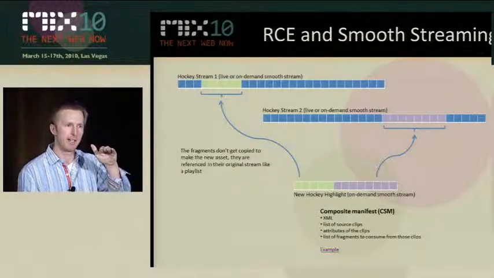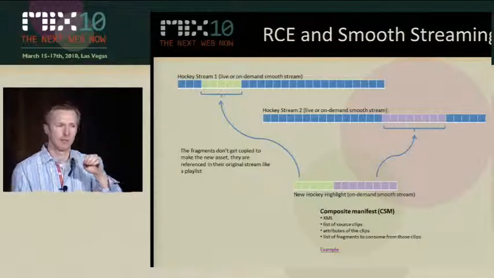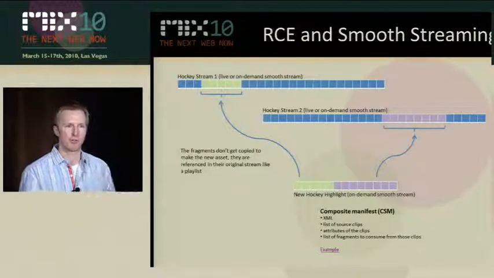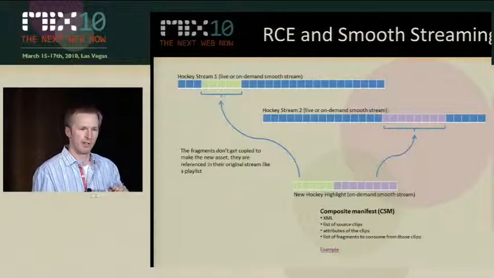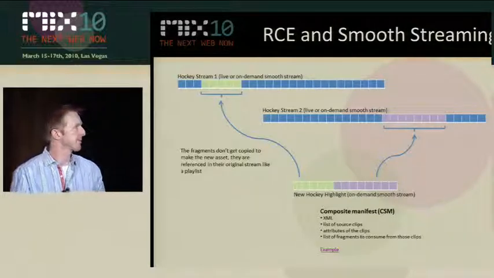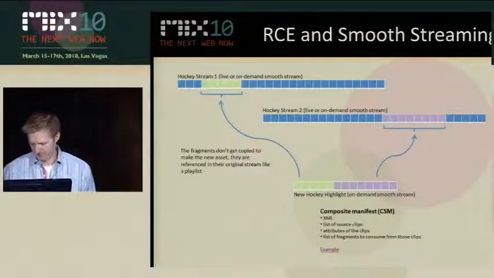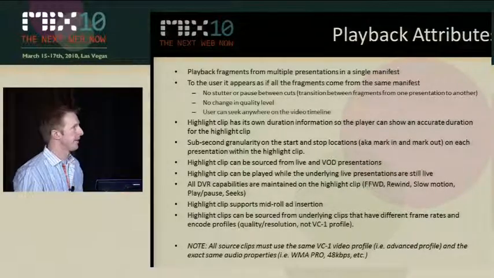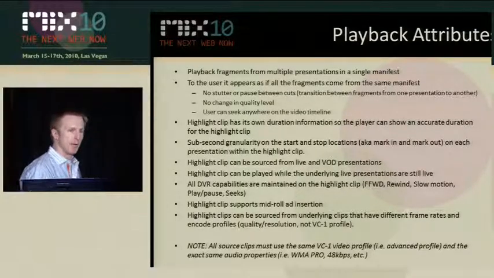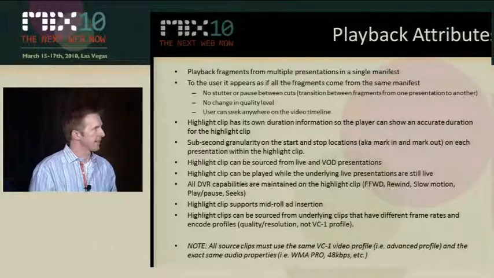I'm simply creating a new manifest. In other words, I'm just pointing at where those fragments already live. So I'm not creating anything new that I have to store other than a small XML file. All right, so that's the underlying platform behind this asset that we're going to create.